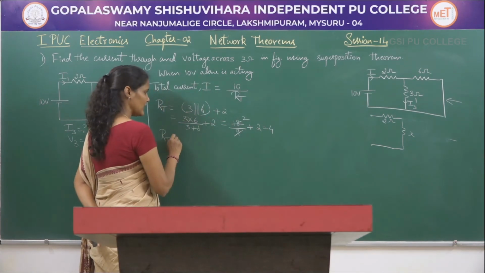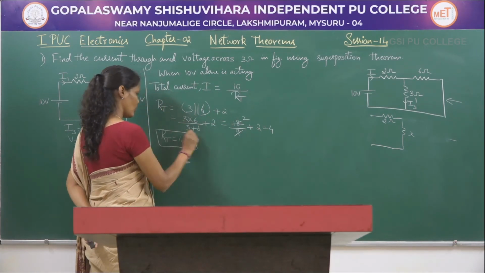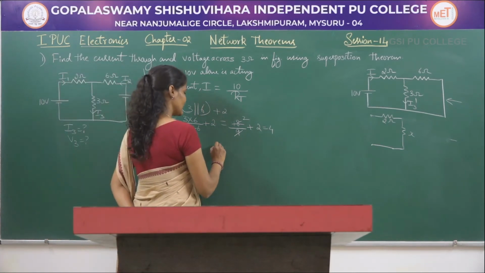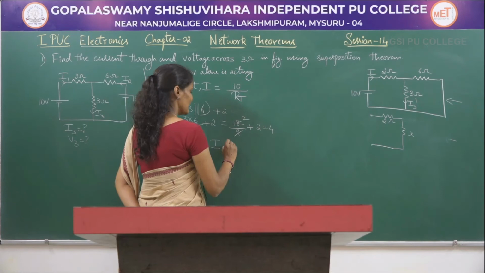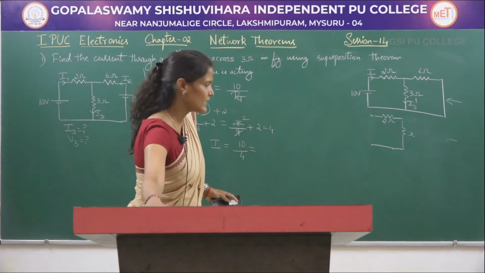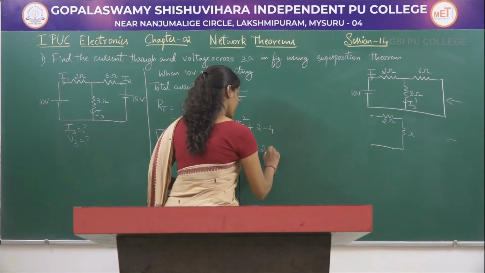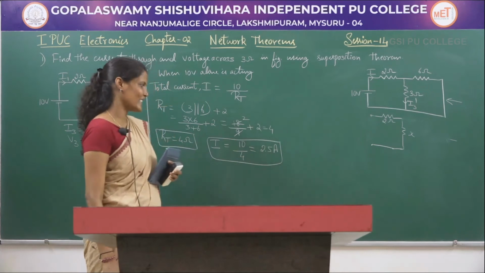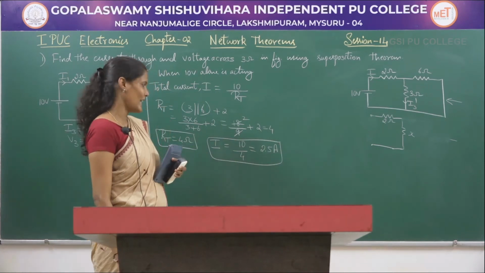So R total is equal to 4 ohms. Now that we have R total, we can easily find out the total current I, which is equal to 10 divided by 4, whose value is equal to 2.5 amps. So the total current flowing in this particular circuit is 2.5 amps.